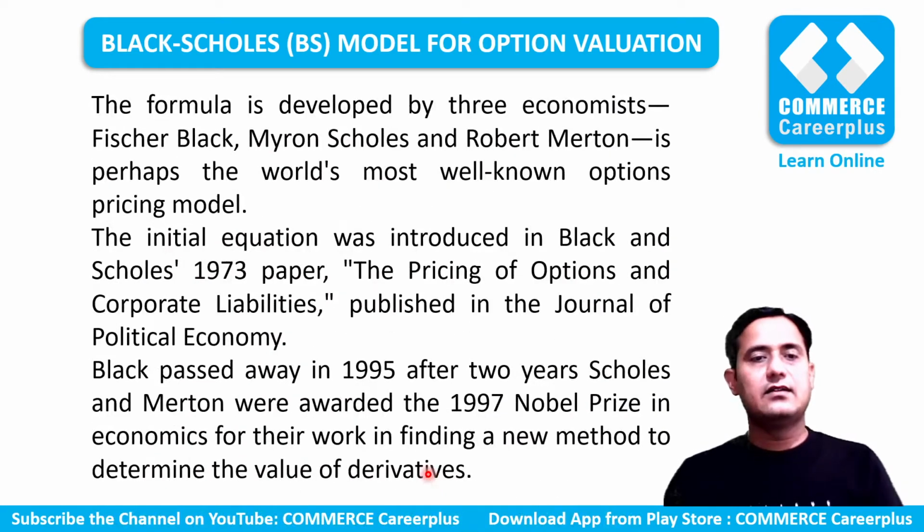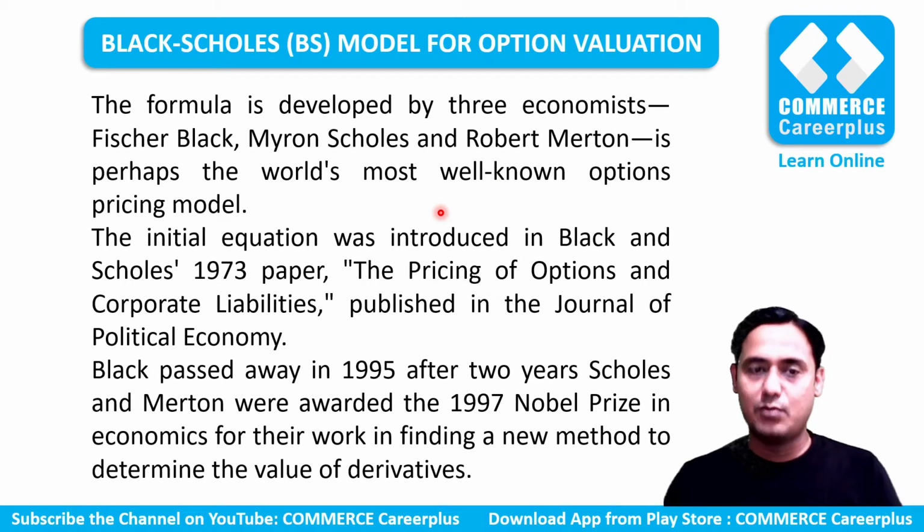The formula of the Black-Scholes model was developed by 3 economists: Fischer Black, Myron Scholes, and Robert Merton, and it is one of the world's most well-known option pricing models.